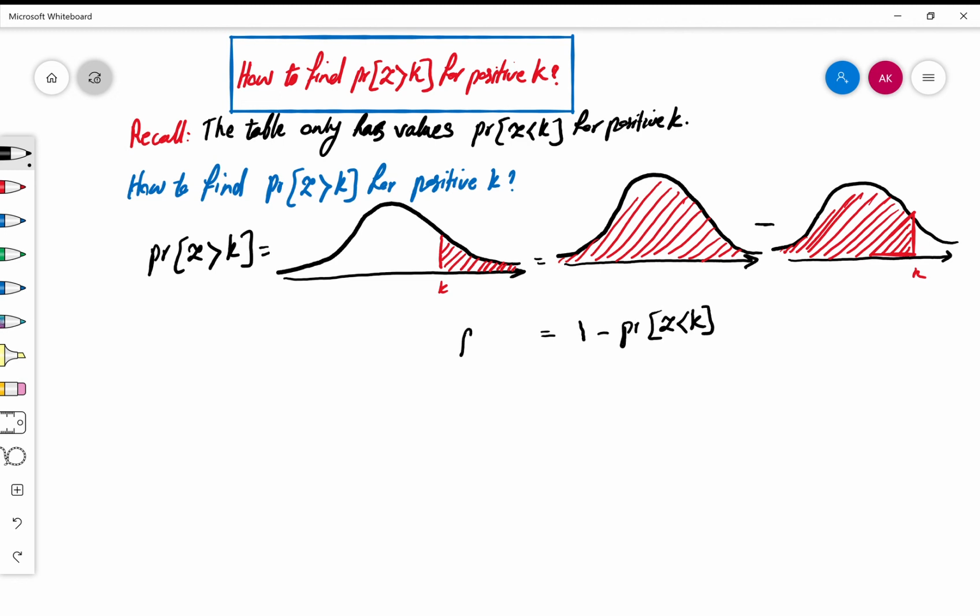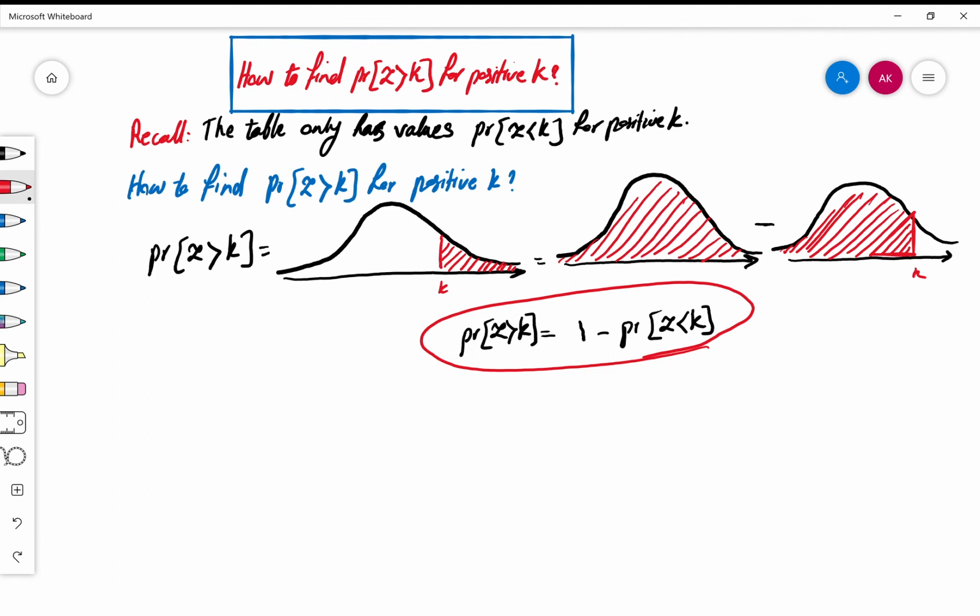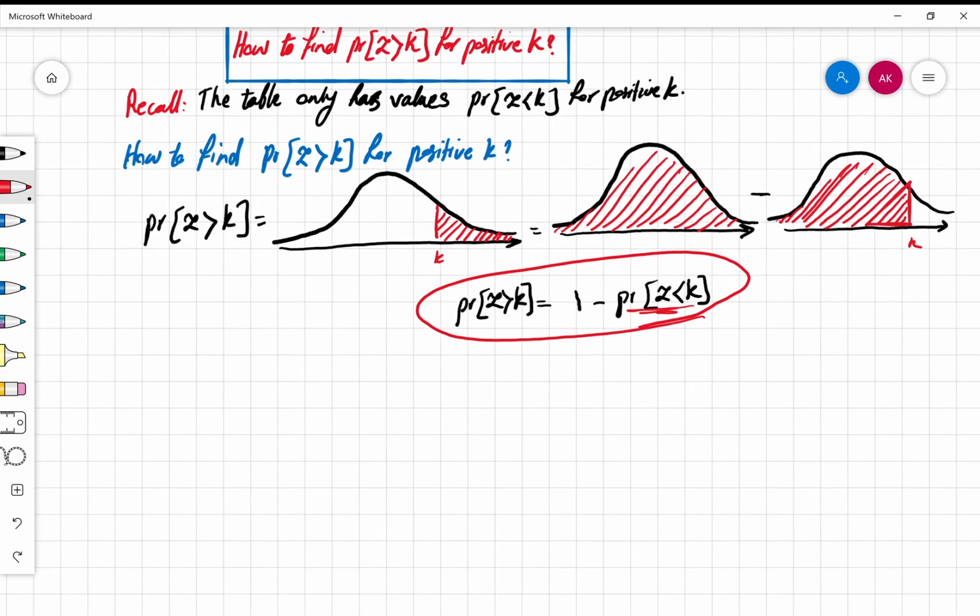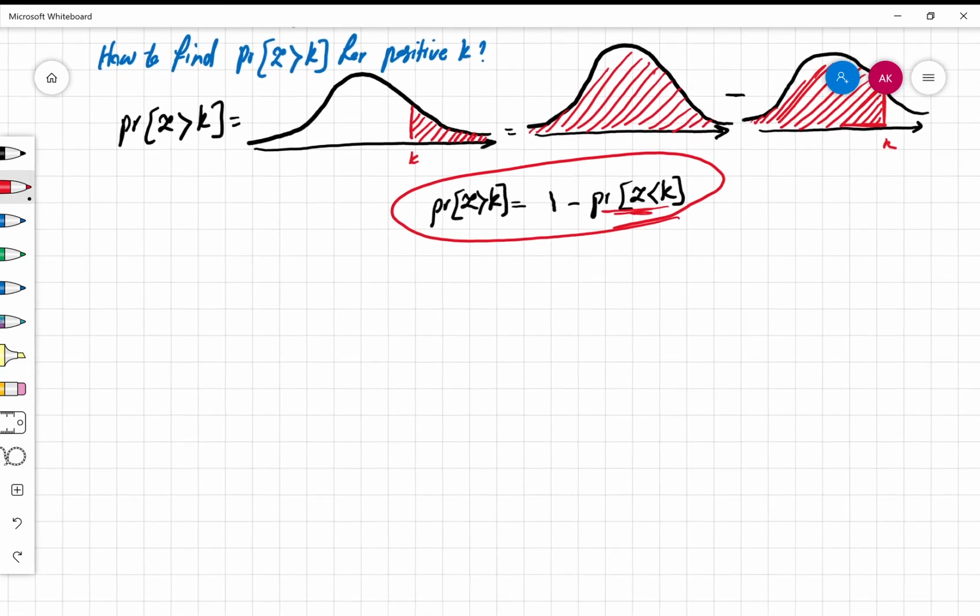So to find values like the probability of Z bigger than k, we use this equality: probability of Z bigger than k is equal to 1 minus probability of Z less than k, and this value here is something that we can find from the table.